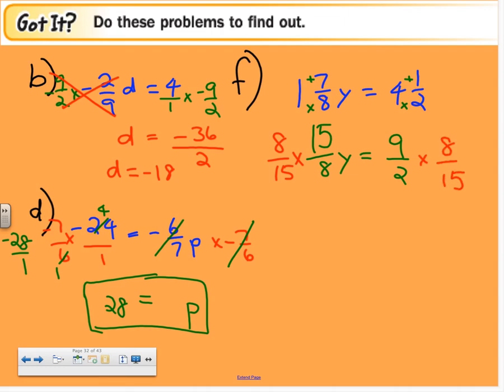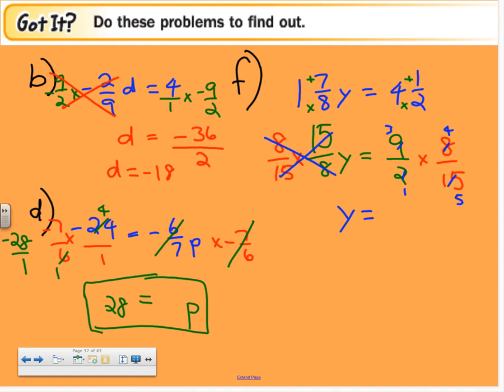Okay? So we know that this is going to cancel each other out, and I'm left with y. I can probably simplify a lot, right? I can make that 1 and make that 4, right? And I can make this, 3 and make this 5, right?